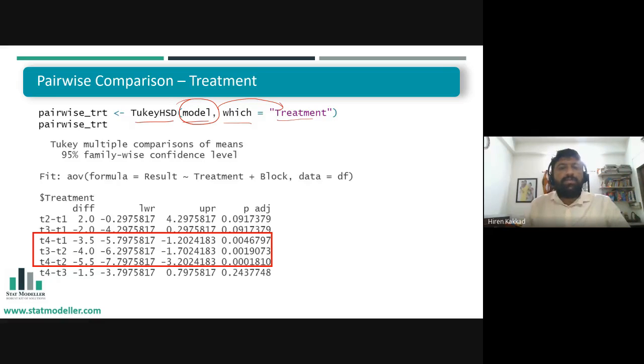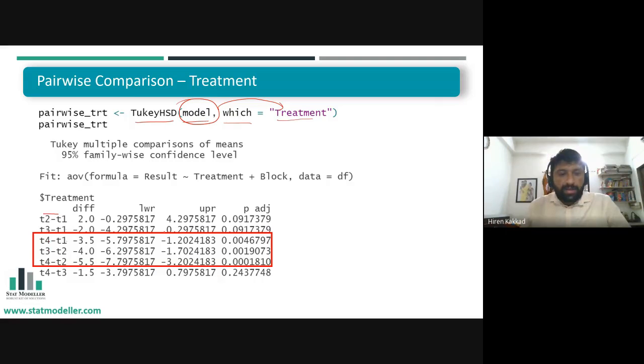So what it will do, it will go into the model and find out this treatment related attributes and then do the analysis. Now here what it has done, it has compared T2 with T1, T3 with T1, and T4 with T1. Then T3 with T2, T4 with T2, and then T4 with T3. Likewise, it has done the comparison.